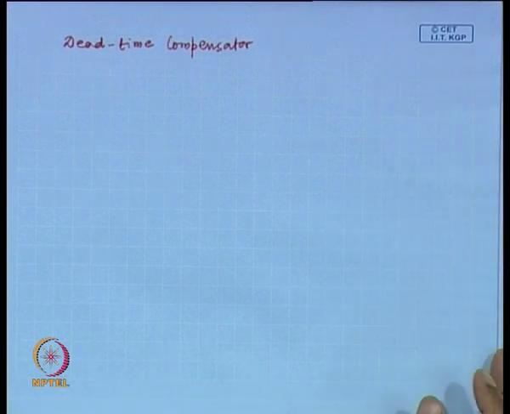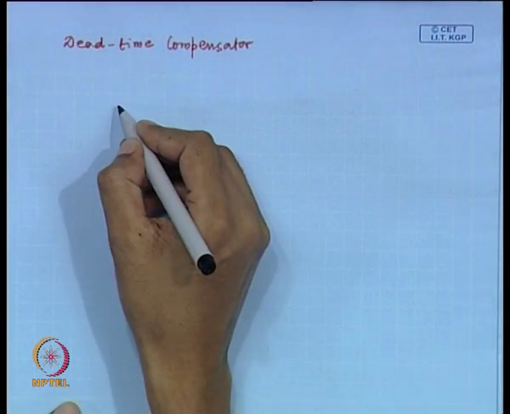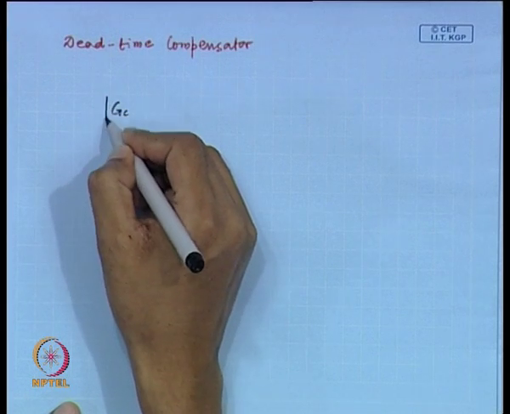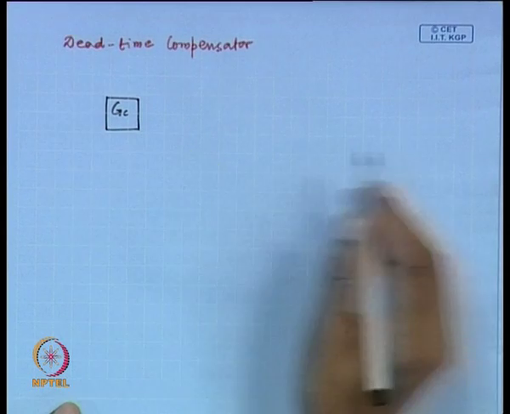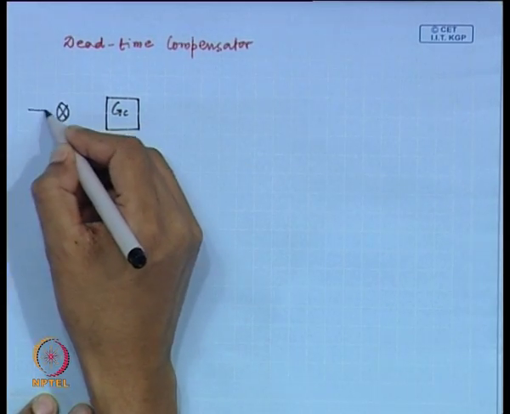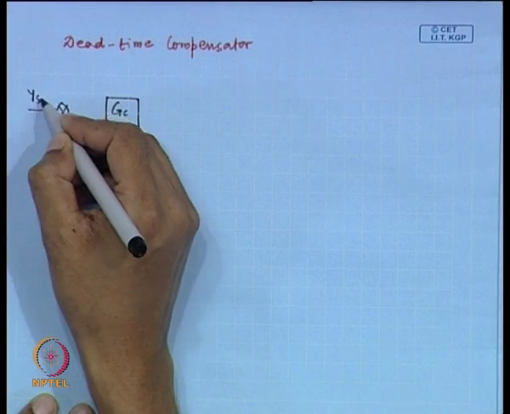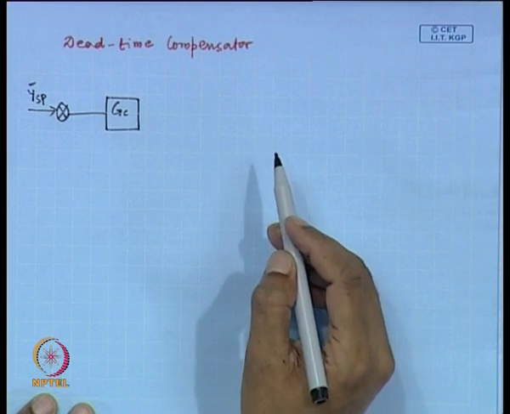For deriving the dead time compensator, we will consider a simple closed loop block diagram. The block diagram looks like this. This is a controller block.